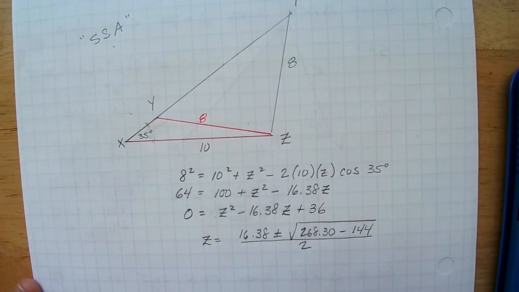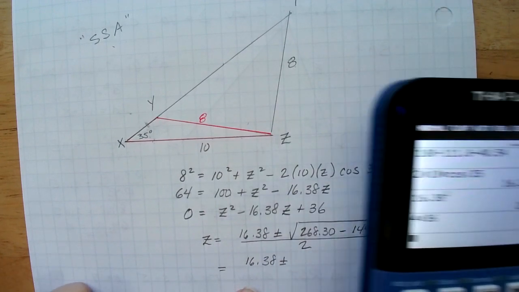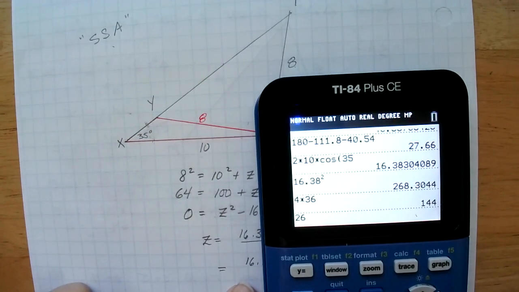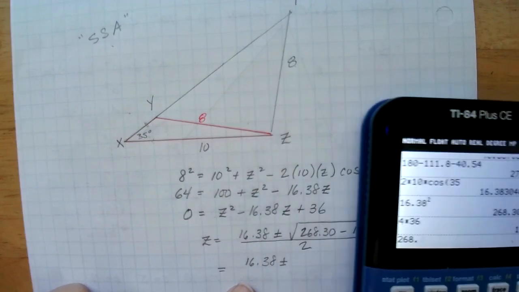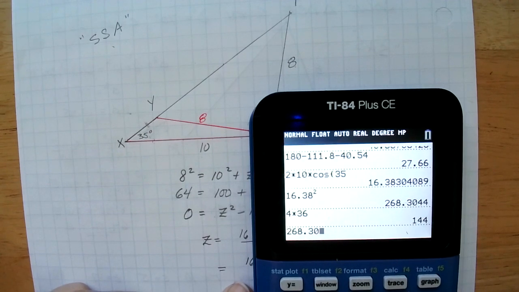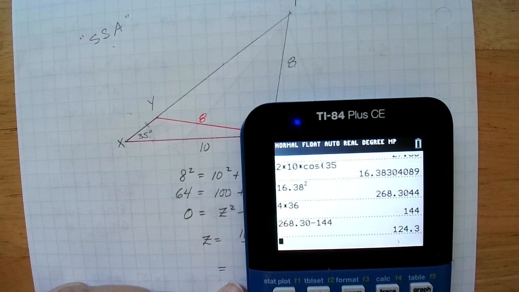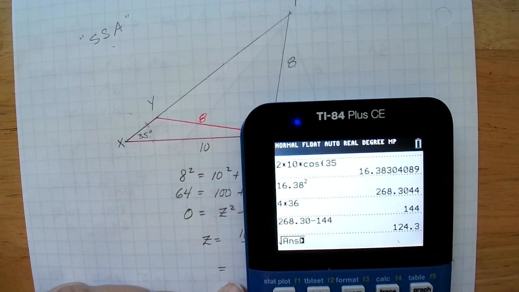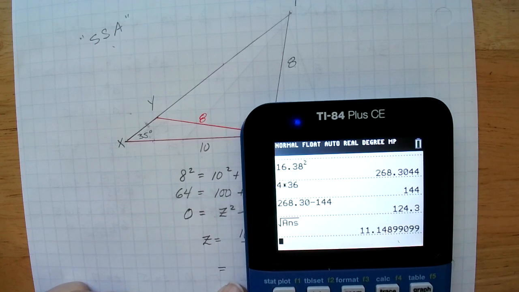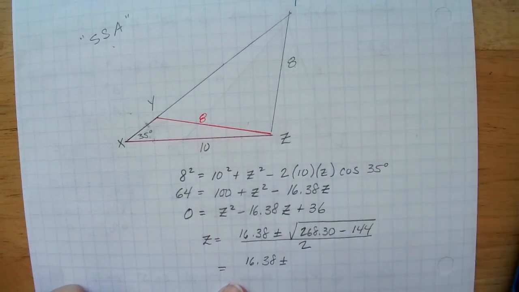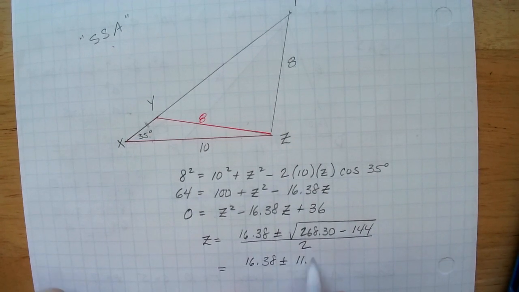Okay, so it's going to be a real answer. So 16.38 plus or minus, and I'm going to go ahead and work out the root part right here: 268.30 minus 144, and then I'm going to take the square root of that answer. So about 11.15.